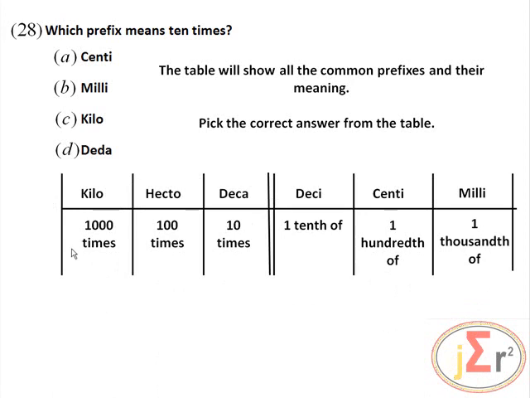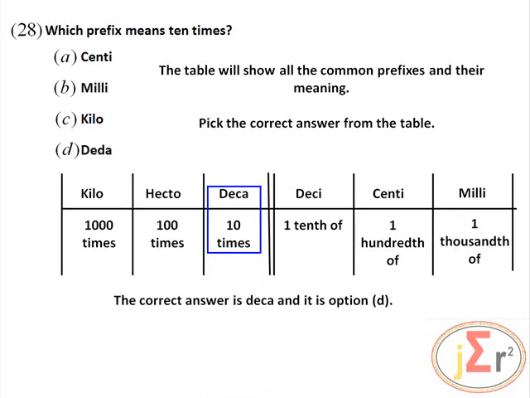So kilo is 1,000 times, hecto 100 times, deca 10 times, deci 1/10 of, centi 1/100th of, milli 1,000th of. So which one means 10 times? Let us mark it. Deca means 10 times, and that's our answer. Option D. Lovely.